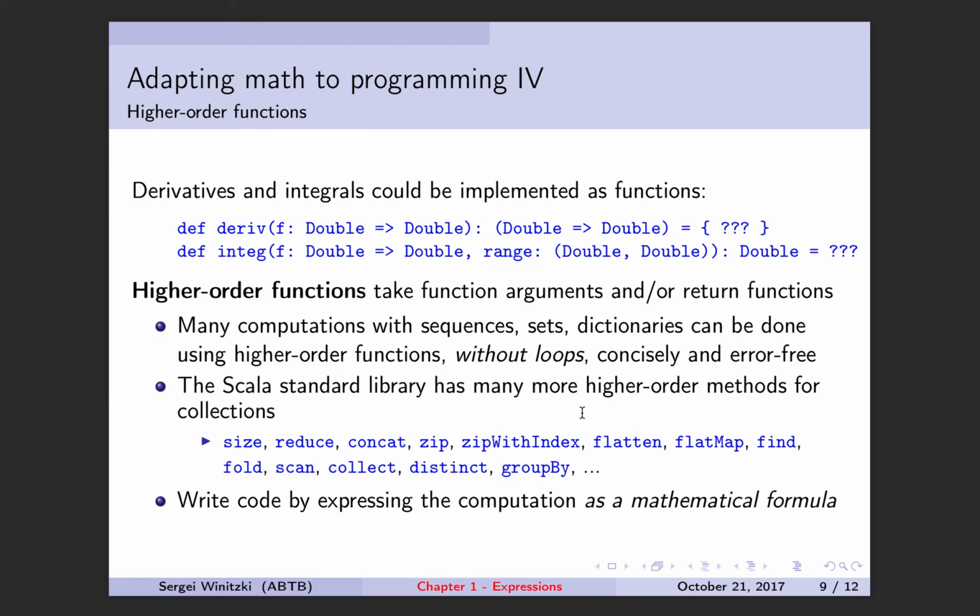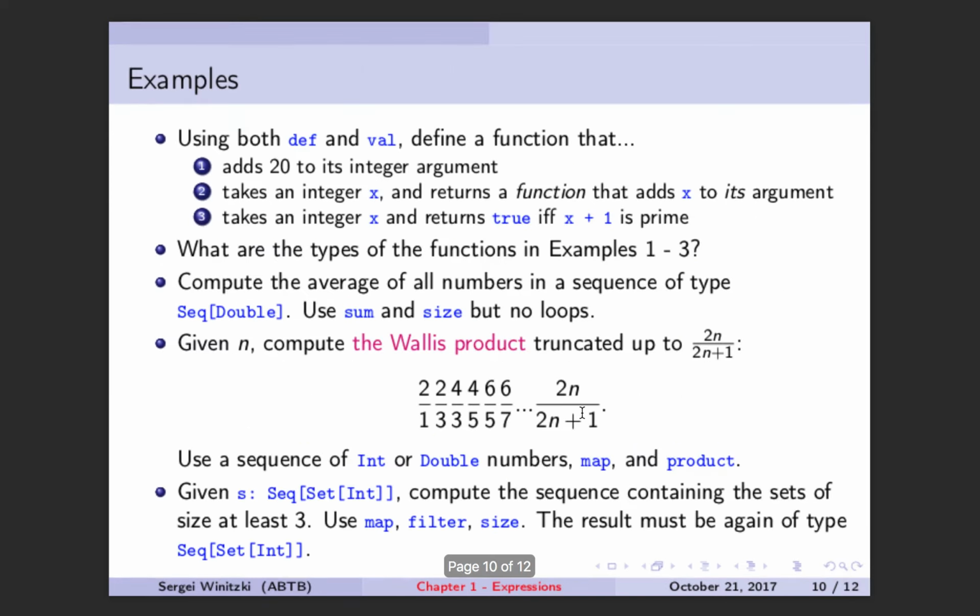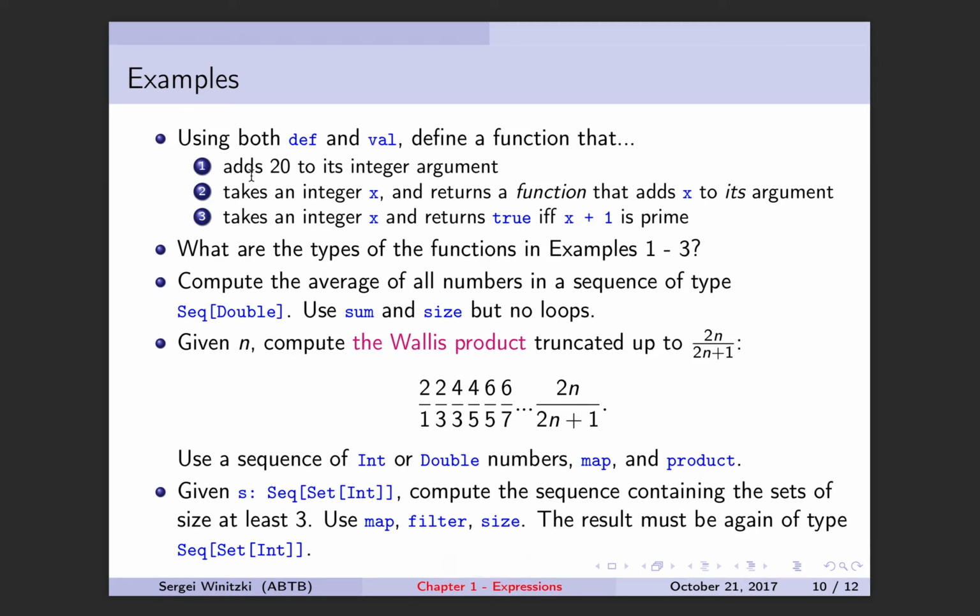And if you do that, your code will look like mathematical formulas. I give examples that show how that works in Scala, such as to compute a product like this as a function of n, or to compute a sequence that satisfies some condition.